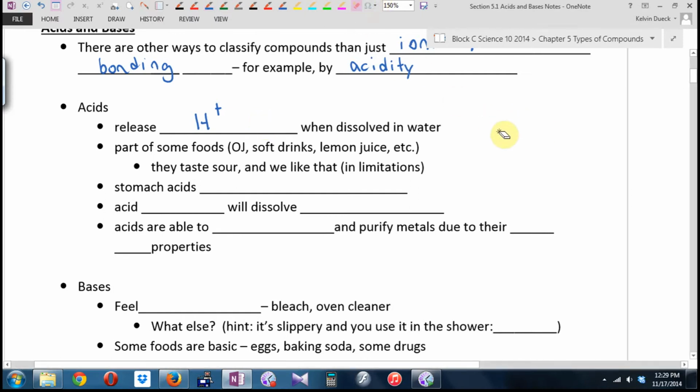Hydrogen. How many protons does hydrogen have normally? One. That's why it's element number one. How many electrons does hydrogen have normally? One. But if it's H+, what we're saying is it's lost an electron, so what's left? So this is really protons, but because they're actually coming from hydrogen ions, we can say H+, when dissolved in water.